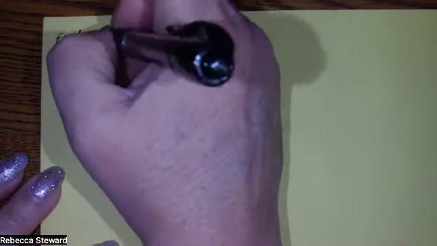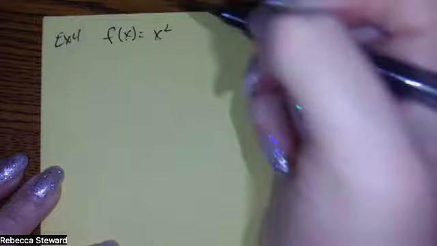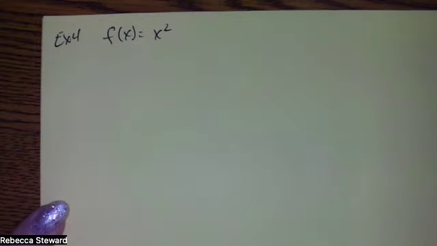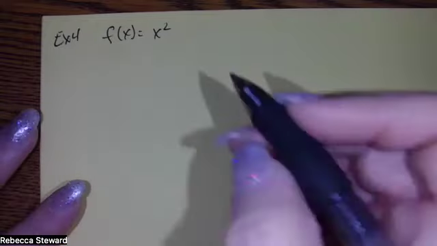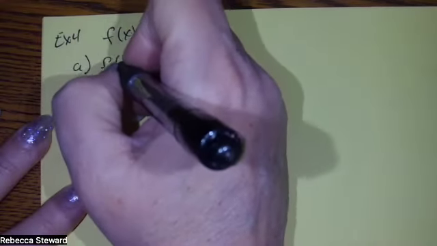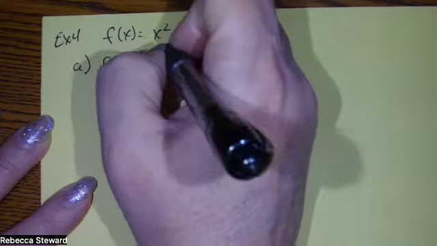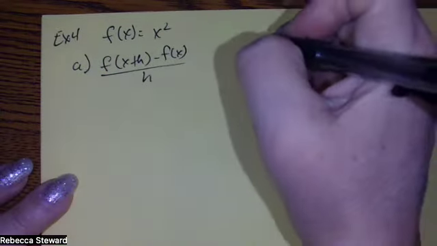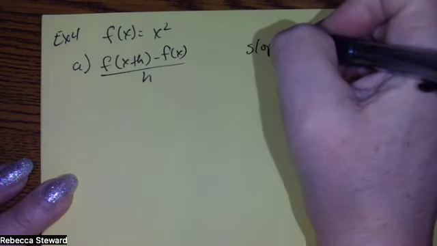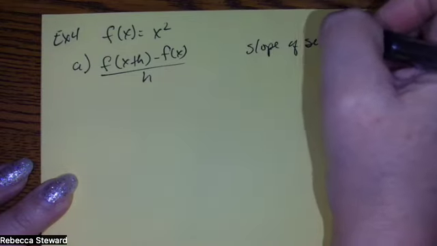So our function is f of x equal to x squared. The very first thing it asked us for was the slope of the secant line through the points. So we're going to do (f(x+h) - f(x)) all over h, and I'm going to write slope of a secant line.